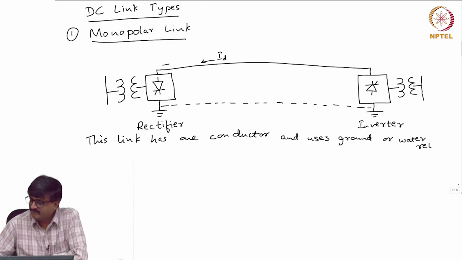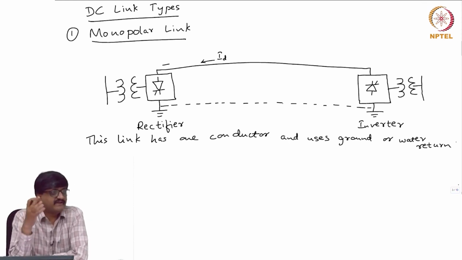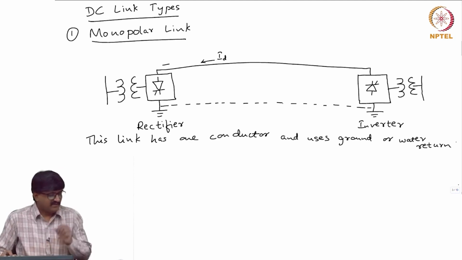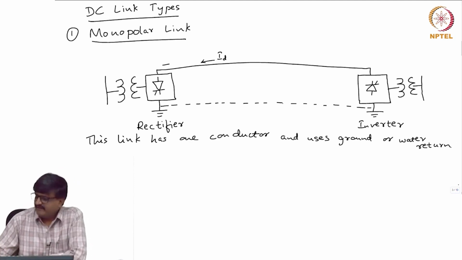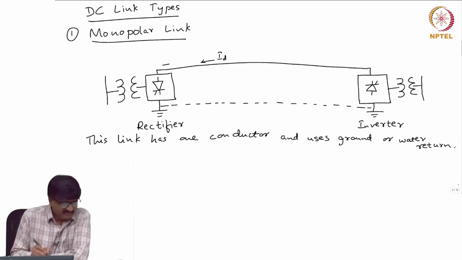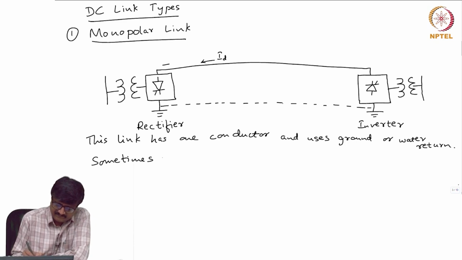If it is for the purpose of underwater transmission, the water itself is used as a path for the return current, and very rarely a metallic return is also used, which is buried. Sometimes a metallic return is used.